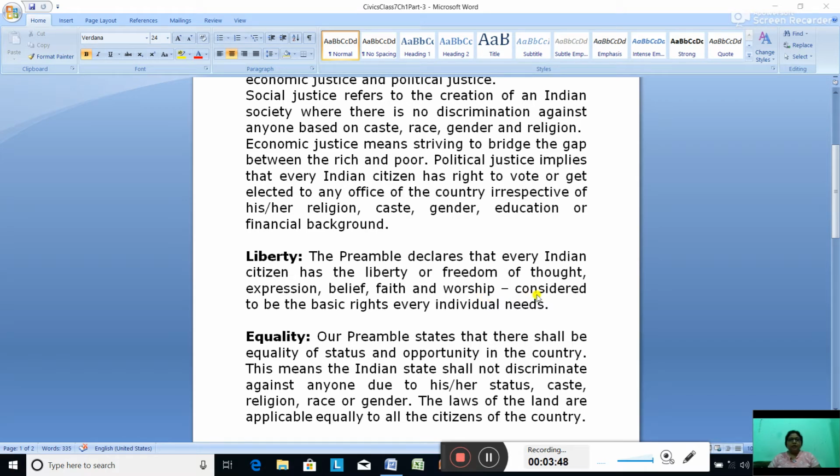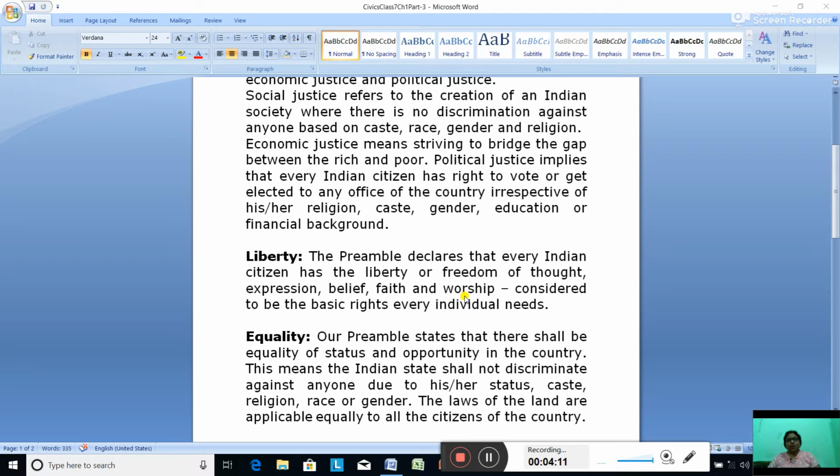It is considered to be the basic rights every individual needs. What type of liberty are we talking about? We are talking about the freedom of thought, freedom of expression, freedom of belief, freedom of faith, and freedom of worship.